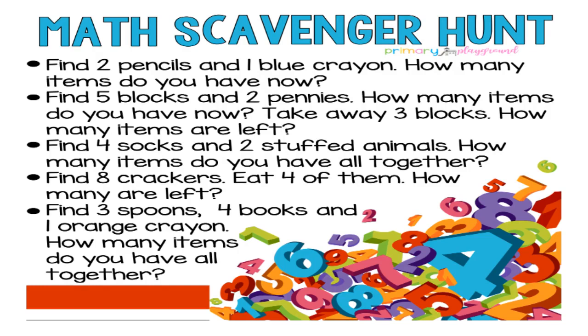A student is going to say, Miss So-and-so, I don't have a spoon, I don't have a book, I don't have an orange crayon. Say, okay, bring back anything with 3 items, 4 items, and 1 item. Because at the end of the day, we're trying to get them to add numbers together.